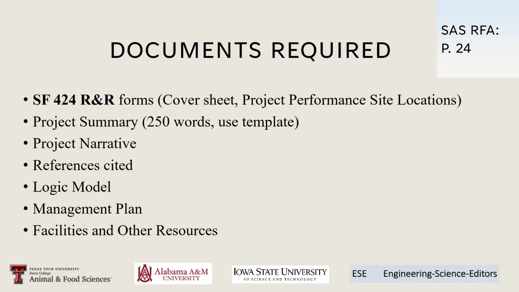That is something that is separate from the narrative, and we will have a separate session on what goes into a meaningful logic model later in this series. You have to prepare a project management plan. You have to make a list of all your facilities and other resources that are relevant to the project that you are proposing here. Next.